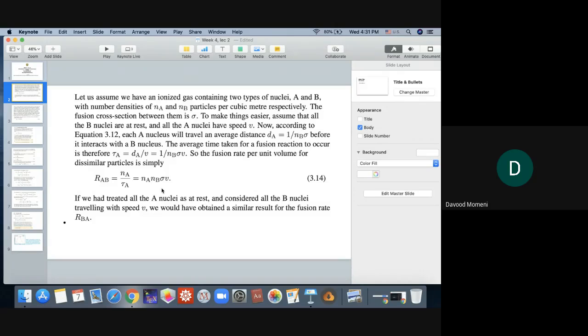I mean, R_AB will be n_AB over tau_B, and surprisingly you will get n_A n_B sigma v, and this is the same. So remember that the thermonuclear fusion rate between a gas of two nuclei A and B is independent of any assumption like who is moving with respect to the other. If you consider A moving and targeting B, or B targeting A, you get the same rate.